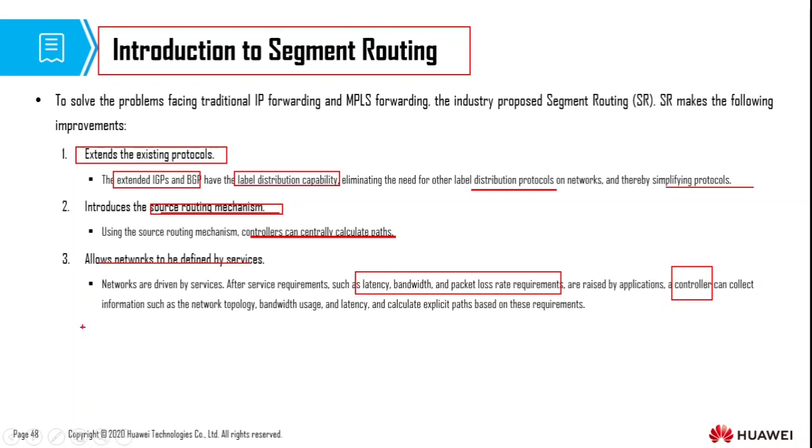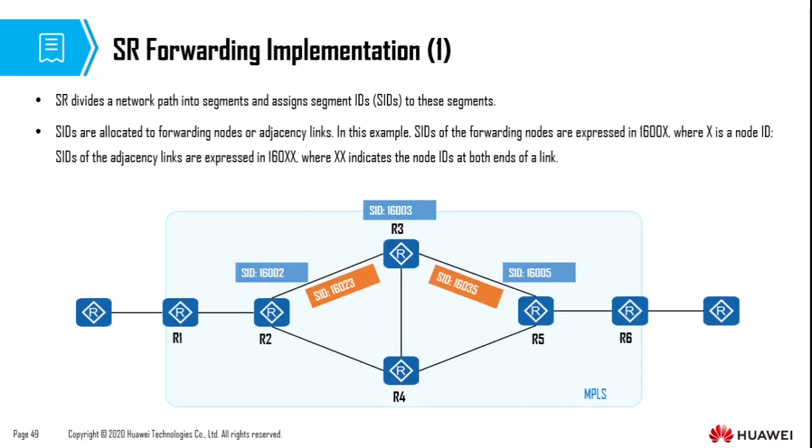A controller can collect information such as the network topology, bandwidth usage, and latency, and calculate explicit paths that meet the particular service requirements. So those are some of the advantages of segment routing. Again, I repeat, I have an entire topic on segment routing, which you can learn from. Otherwise, here just a summary has been given.